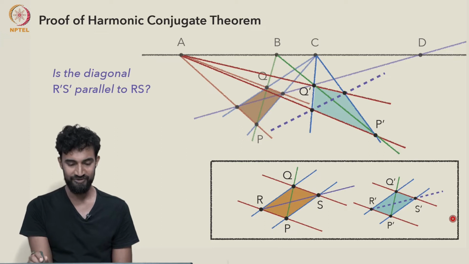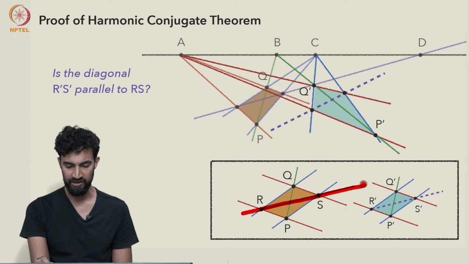Again, what we have to prove is that the diagonal R prime S prime is parallel to the diagonal RS.